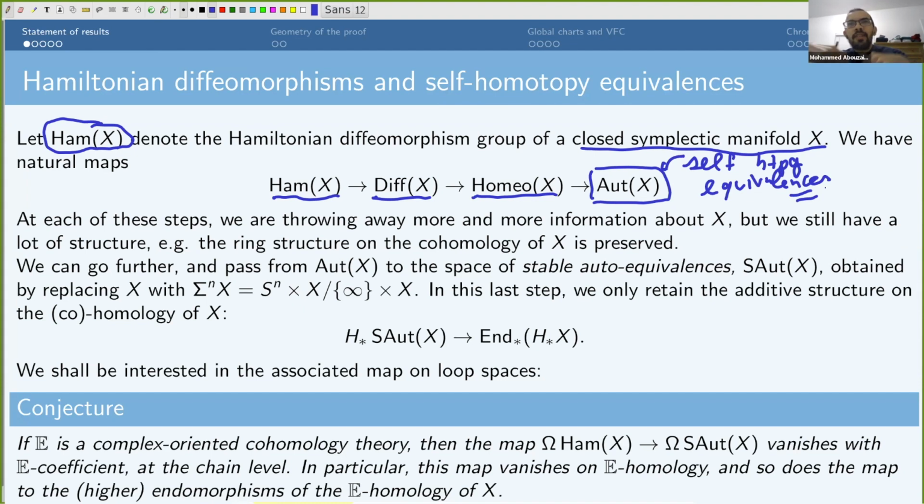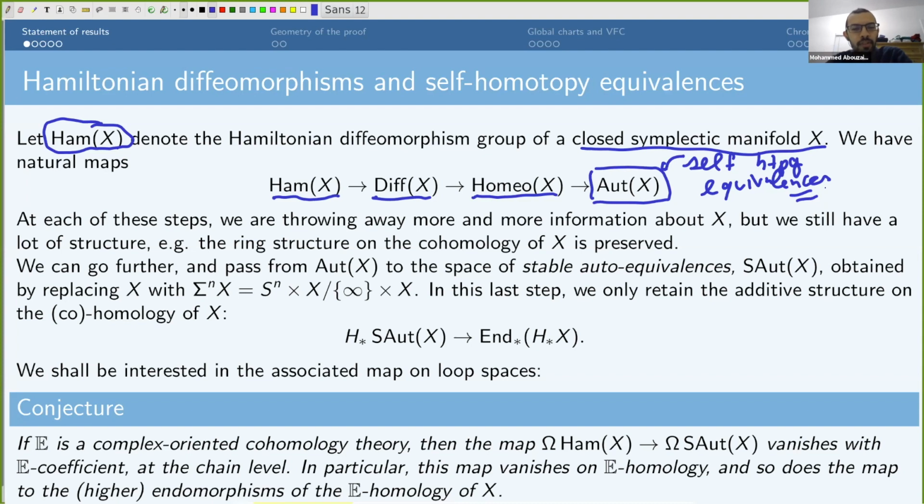Here you look at maps that just have inverses up to homotopy, okay? And as I write, we throw away more and more information, okay? But even at the last step, when we look at self-homotopy equivalences, such maps still preserve, for example, the ring structure on cohomology, okay?